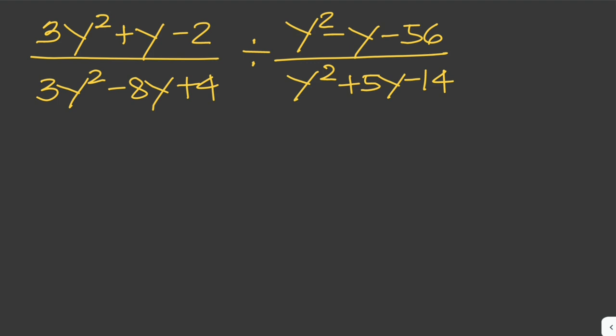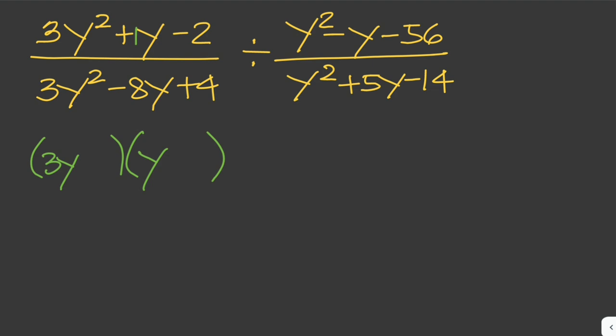So let's factor each of them. 3y squared plus y minus 2, we can factor as 3y and y. So we look for factors of 2 that when we multiply them it would equal negative 2, and when we add them up, it would equal positive 1.